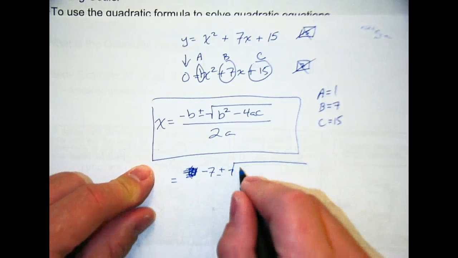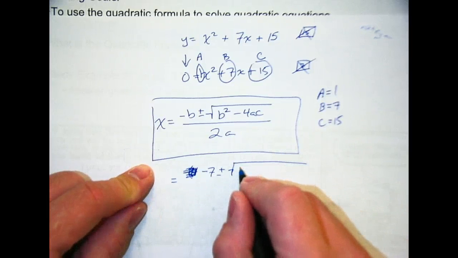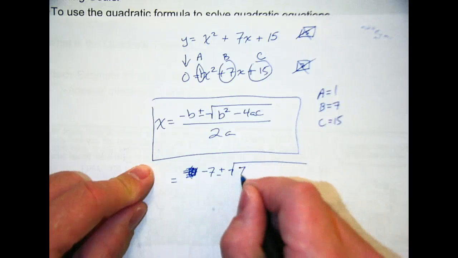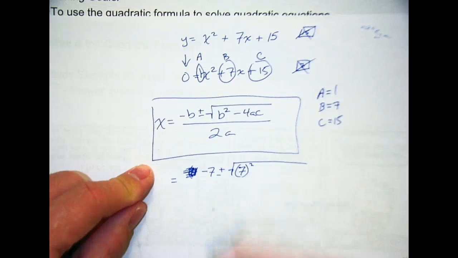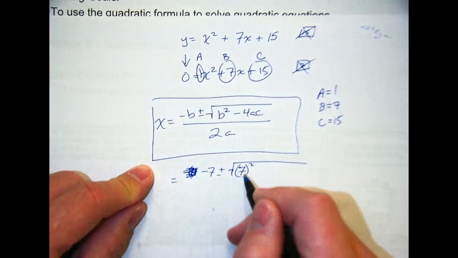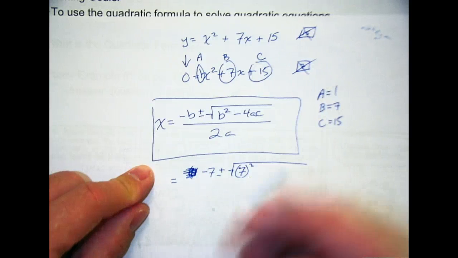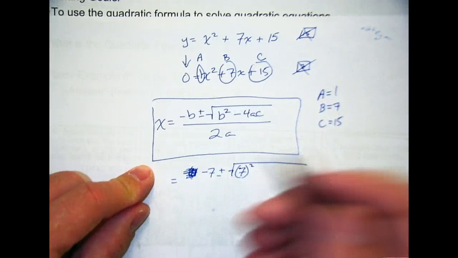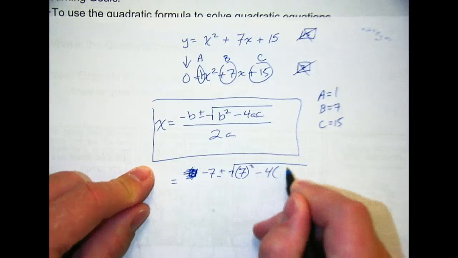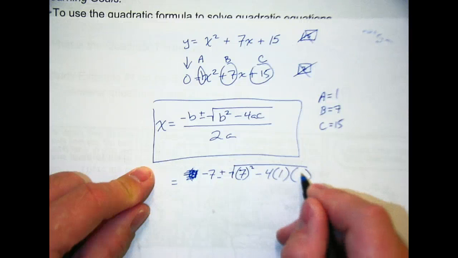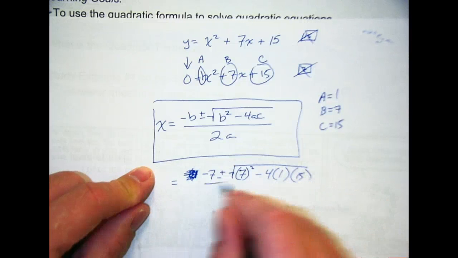What's B squared? 7 squared, which is 49. Could we ever get a negative number right here when we square it? No, you never could, because a negative squared is positive. Minus 4 times A. What's A? 1. And what's C? 15. All over 2 times A.